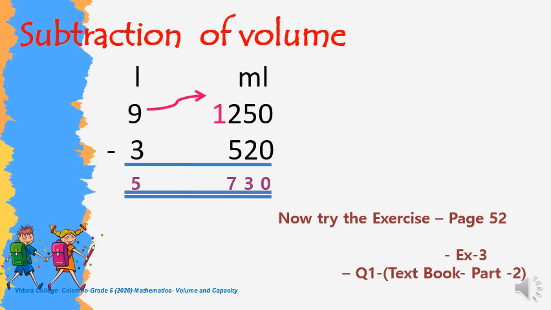So, once you subtract, the answer is 730 milliliters. Now, in the liter side, you have 8 instead of 9. So, 8 minus 3 is 5. So, your final answer is 5 liters and 730 milliliters.